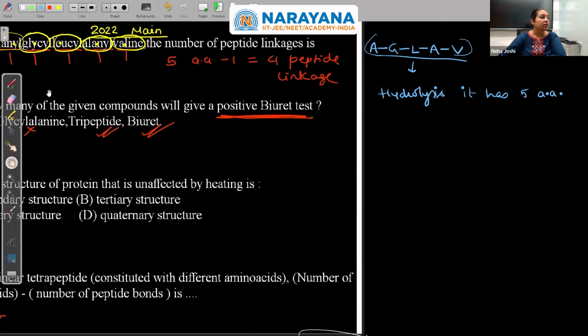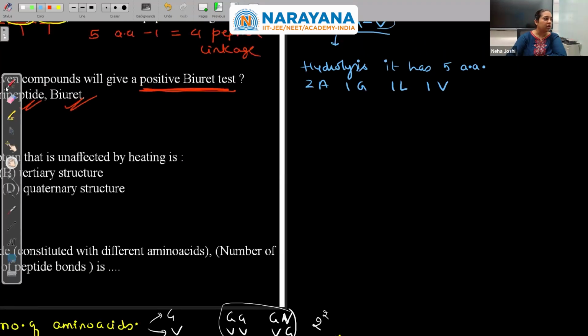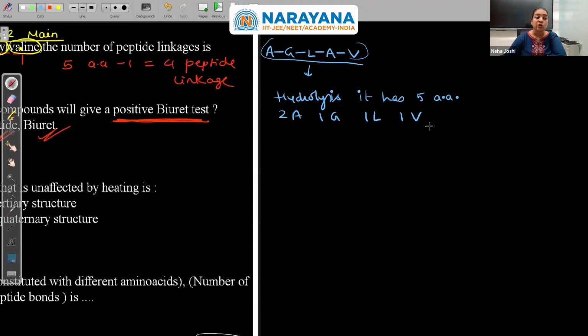We are told you are allowed to use 2 alanine, 1 glycine, 1 leucine, and 1 valine. Okay, you are allowed to use this. Now you have to identify the sequence. So they say we get following pieces on hydrolysis.